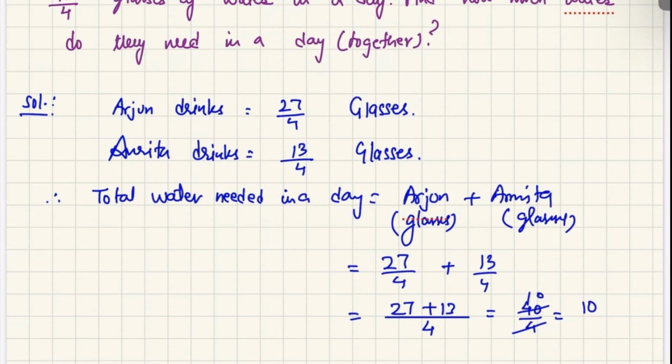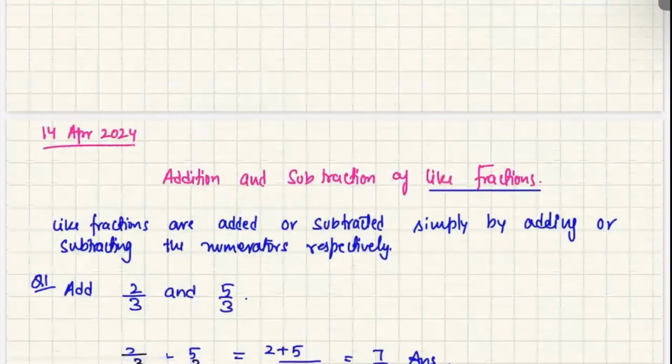So they need 10 glasses of water in a day, per day. Okay, that is how you can work on word problems as well. There are a couple of questions that we will be doing later. So that is how you add or subtract like fractions. I hope this is clear.